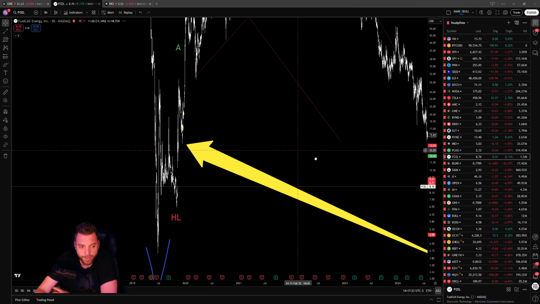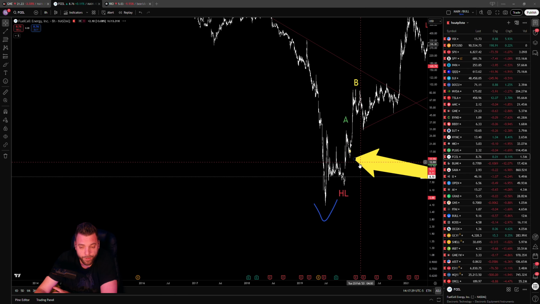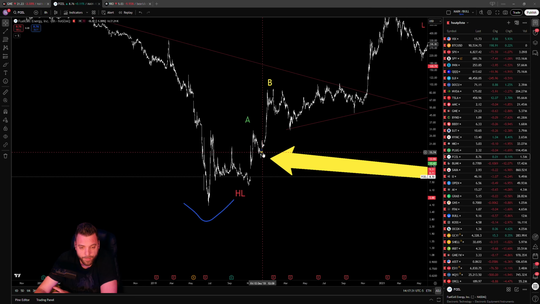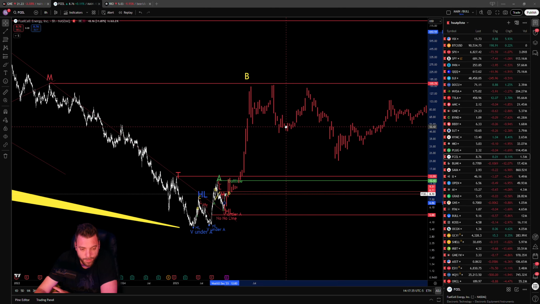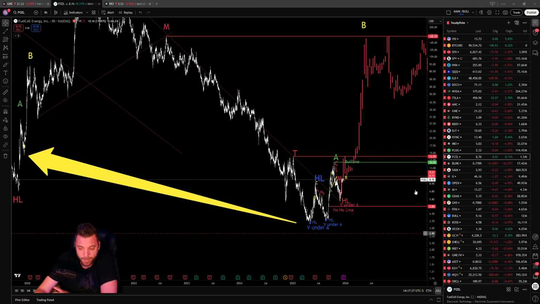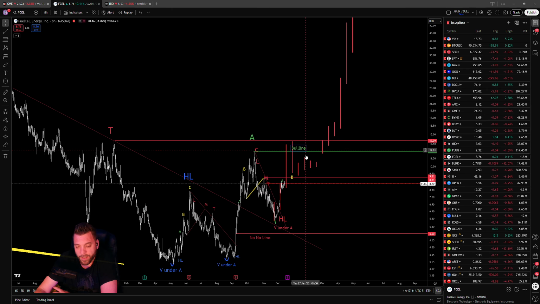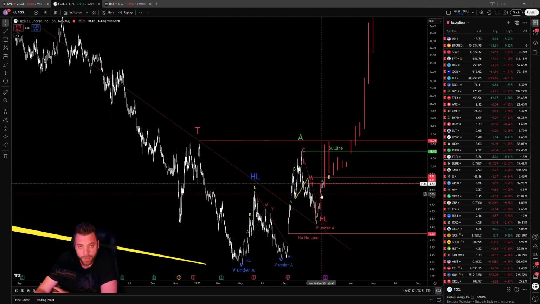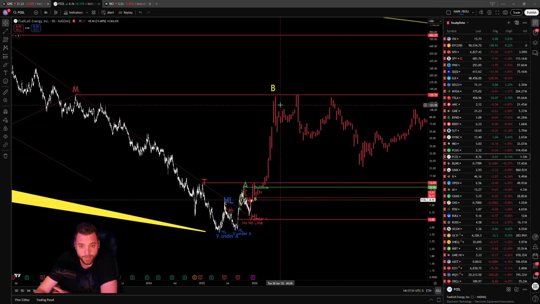We're comparing this to 2019, 2020. We would be right here, right now. And if we use this bar pattern, it would look like this. The only possible bigger pullback would be around 13-ish. But after that, you're getting this.